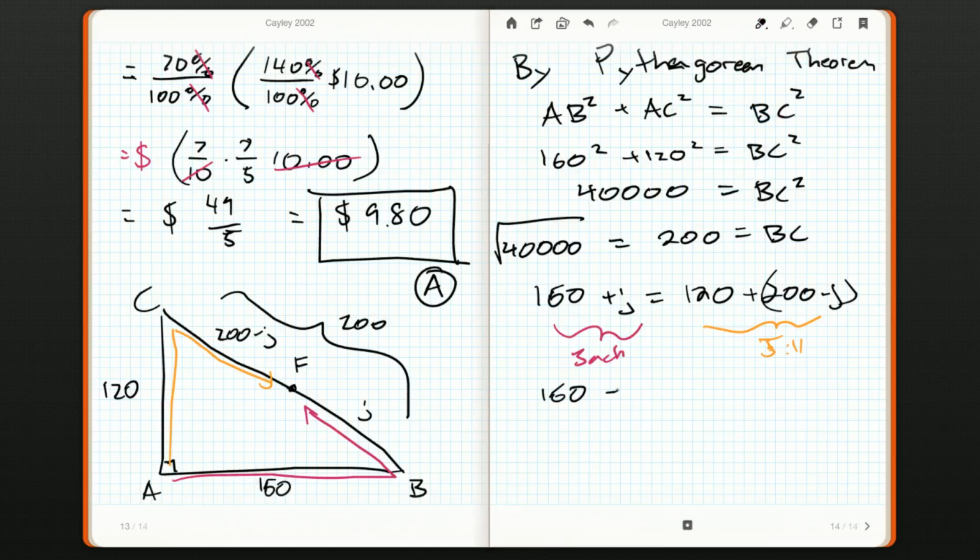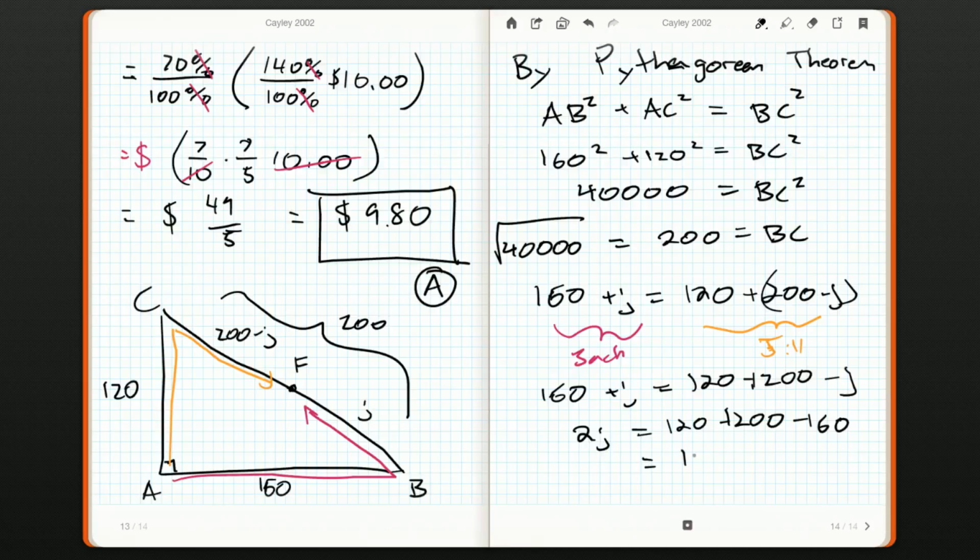So here I have 160 plus J. Here I have 120 plus 200 minus J. Well, let's bring the J's onto one side. We get 2J. Then 120 plus 200, and we'll bring the 160 over to the other side as well, minus 160. We get 2J equals 120 plus 200 minus 160.